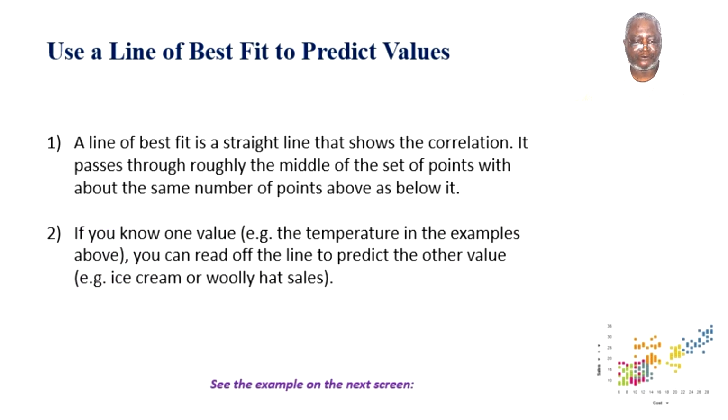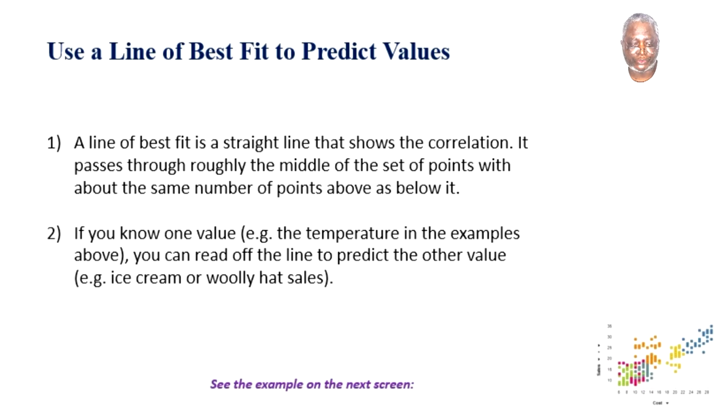How do we use a line of best fit to predict values? A line of best fit is a straight line that shows the correlation. Roughly, it passes through the middle of the set of points with about the same number of points above and below the line.